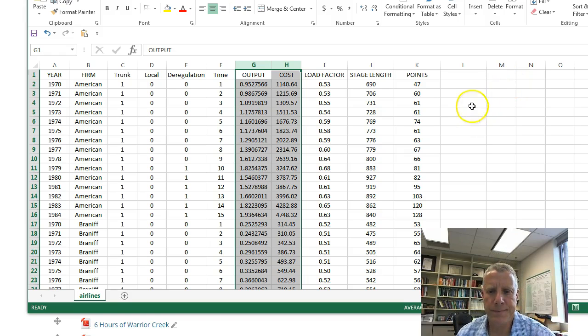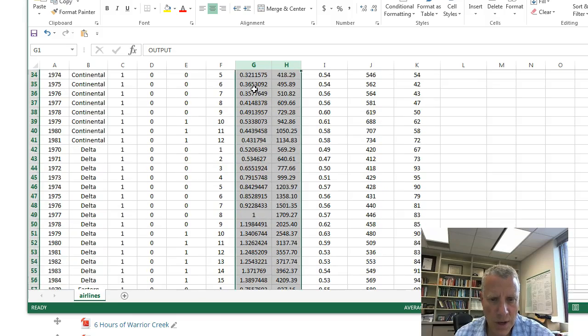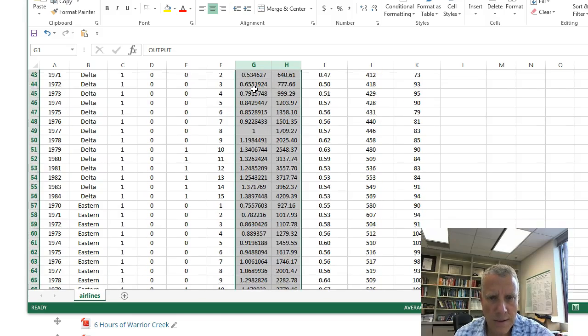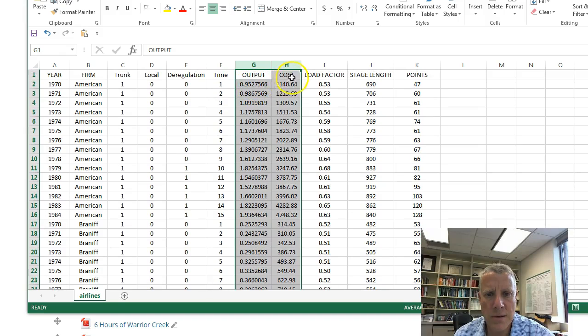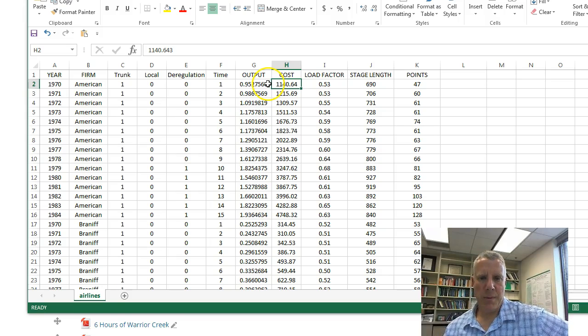The output variable is an index that goes from close to 0 to 2 or 3. The cost variable is measured in millions or billions or something big. Those are big numbers. You can look at the published paper to get a better feel for what these are.